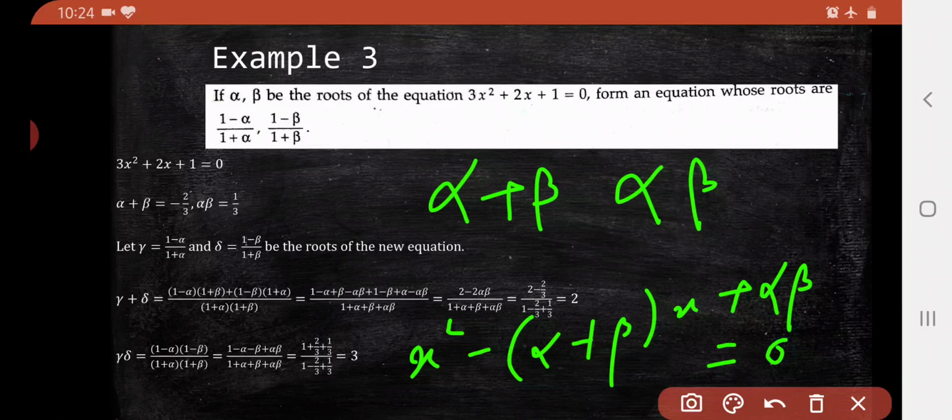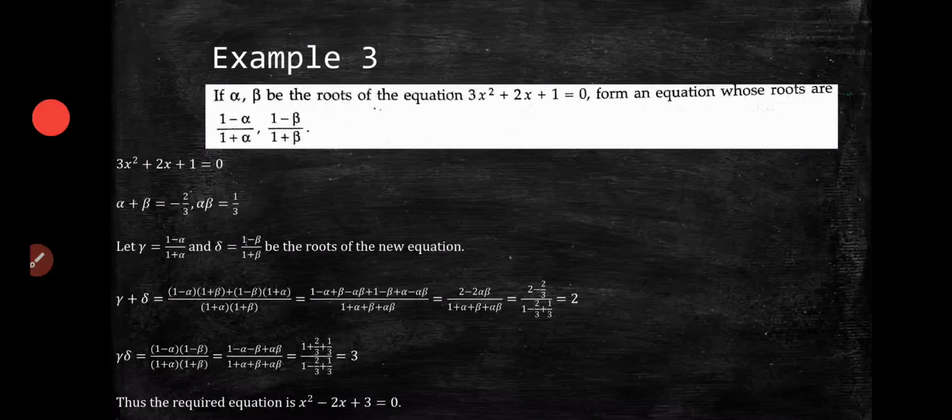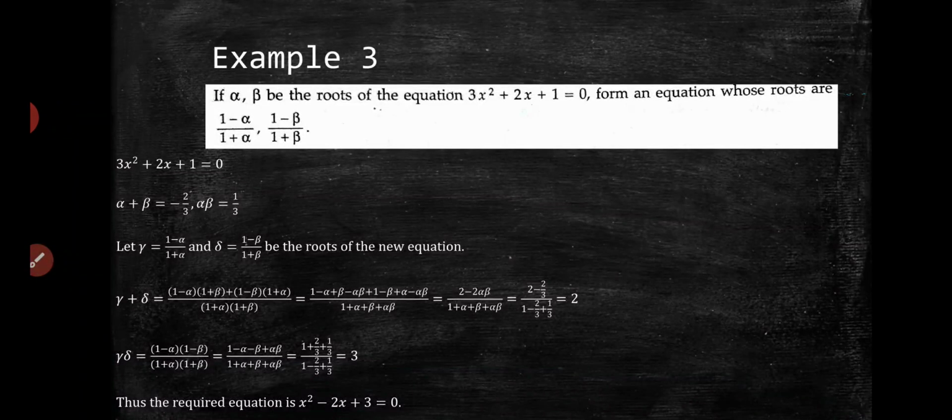Fine. So therefore, in this case also we are going to do the same, and hence our equation is x square minus 2x plus 3 is equals to 0. Fine.